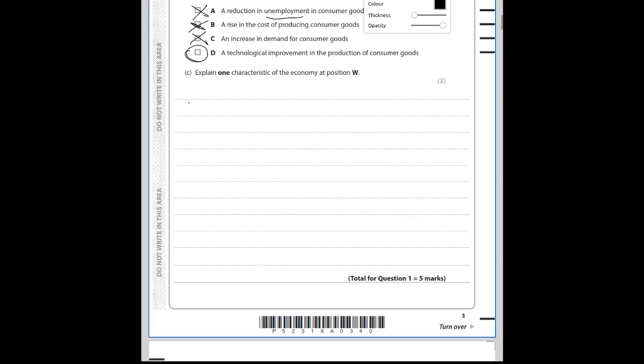So the answer is going to be W represents an, let's say, an inefficient allocation of resources.